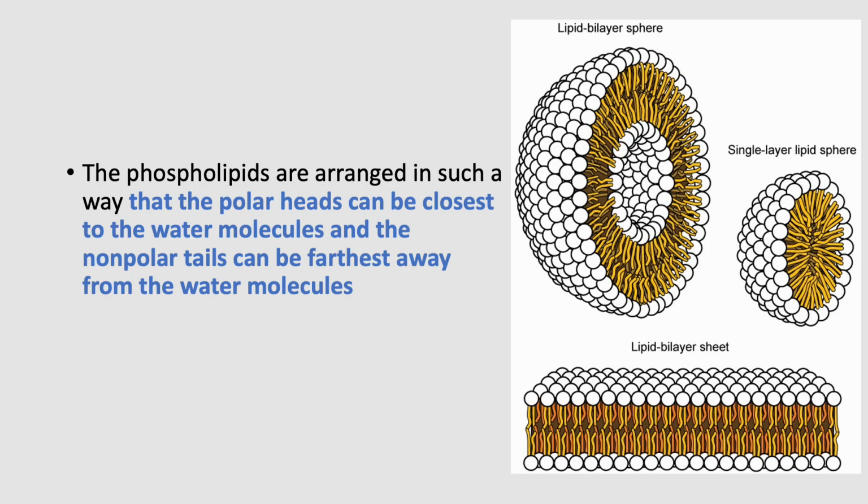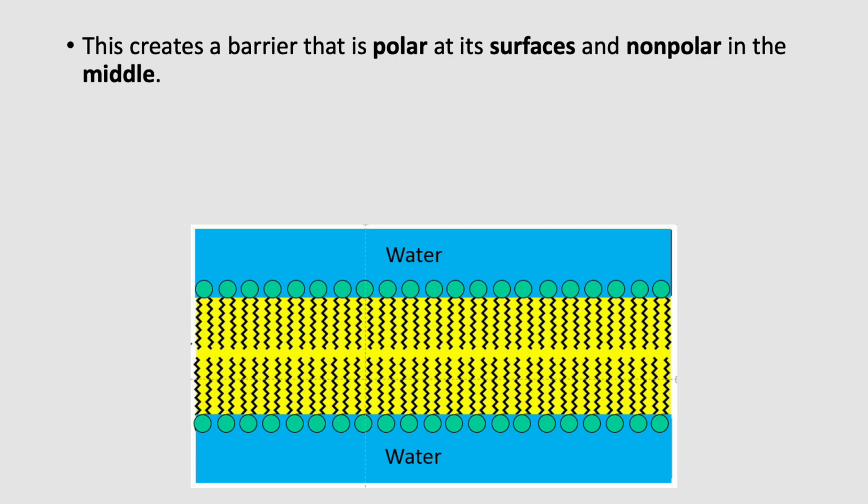The phospholipids arrange in this way because the polar heads can be closest to the water molecules, and the nonpolar tails can be furthest away from the water molecules. You can kind of see this in this lipid bilayer right there. Heads pointed out, tails pointed in, and again, this is all to protect those fatty acid tails from interacting with the water.